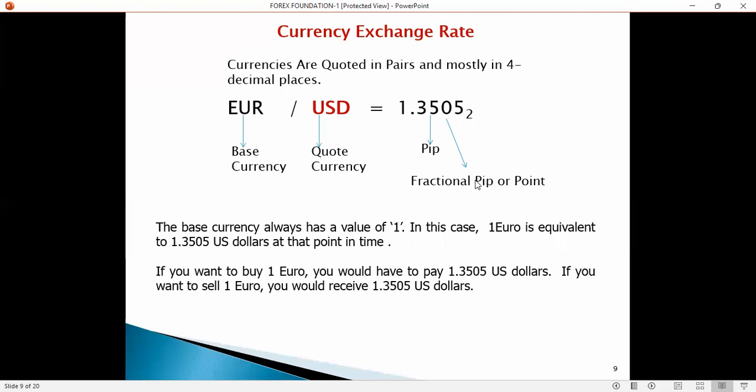If you want to buy 1 euro, you will have to pay 1.3505 US dollars. If you want to sell 1 euro, you will receive 1.3505. So if I want to buy 1 euro from you, you will receive 1.3505 US dollars from me for you to give me 1 euro. I hope this is very, very clear.